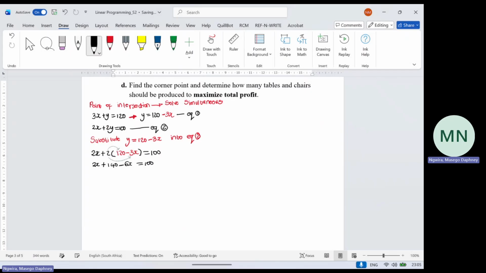And now we solve like terms one side. You take 240 to that side. These two are like terms. They're not jumping an equal sign, so they stay the same. But the 240 is going to change the sign because it's jumping an equal sign, so it's going to be minus 240. And then my answer is 2x minus 6x is 4x, which is equal to 100 minus 240, I am going to get a negative 140.